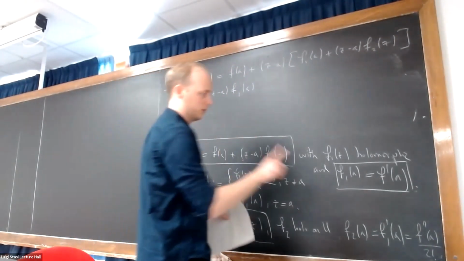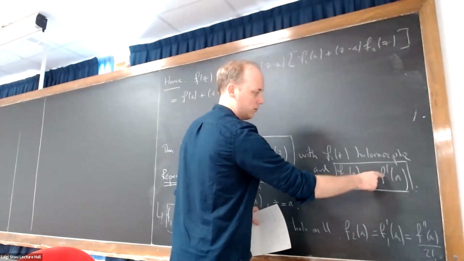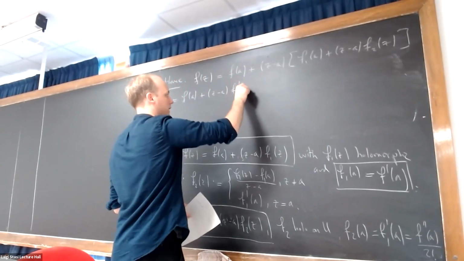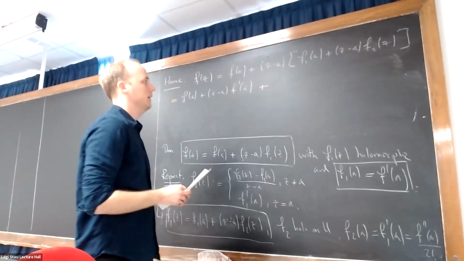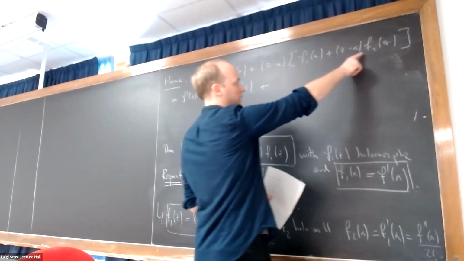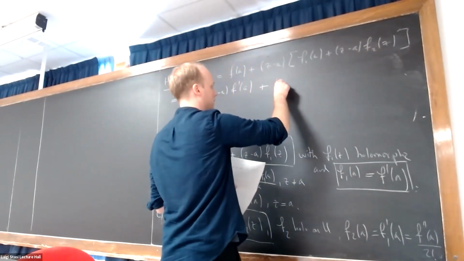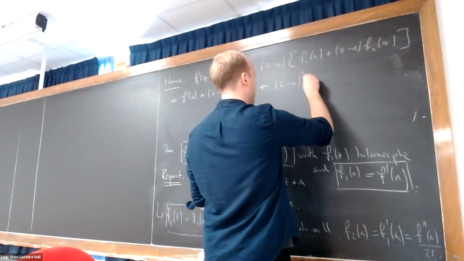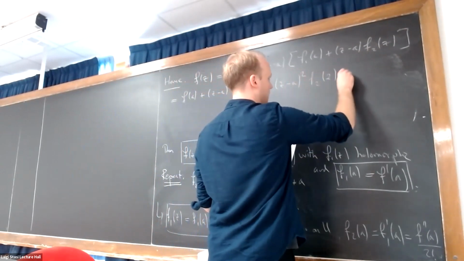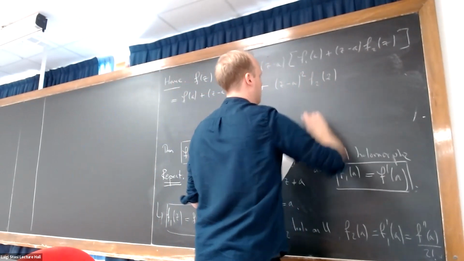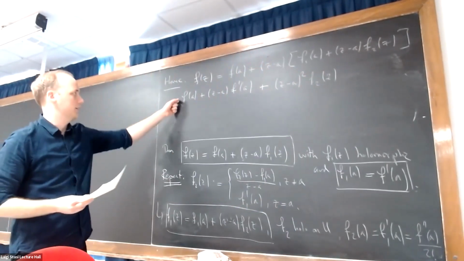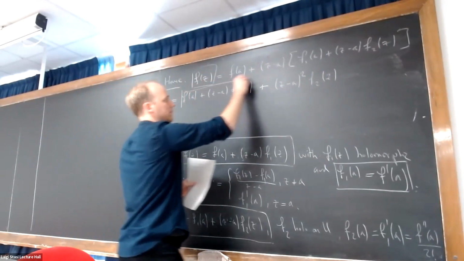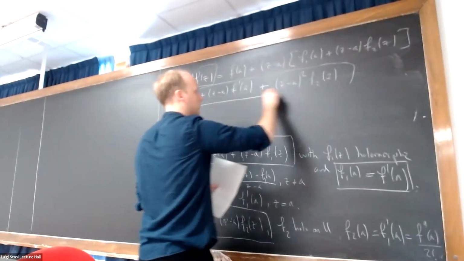But f1 of a was equal to f prime of a, so instead of f1 of a I write f prime of a. And then what I get is z minus a squared times f2 of z. So I get this equality, that f of z is equal to all of this business.